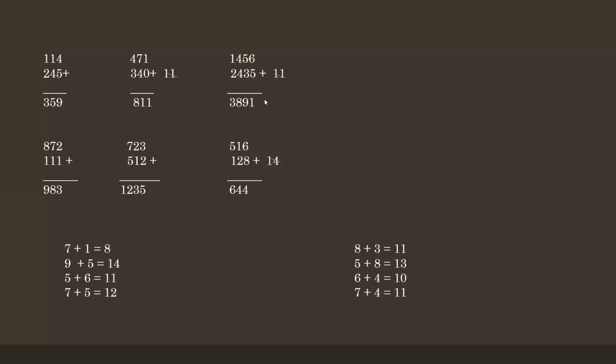So we add as normal. 6 plus 5 is 11, cross out the 1, place the 1 inside. 5 plus 3 is 8, we add the 1 outside, 9. 4 plus 4, 8. And under the thousands column, 2 plus 1 gives us 3. Our answer, 3,891. Even though we are dealing with bigger numbers, the strategy remains the same.